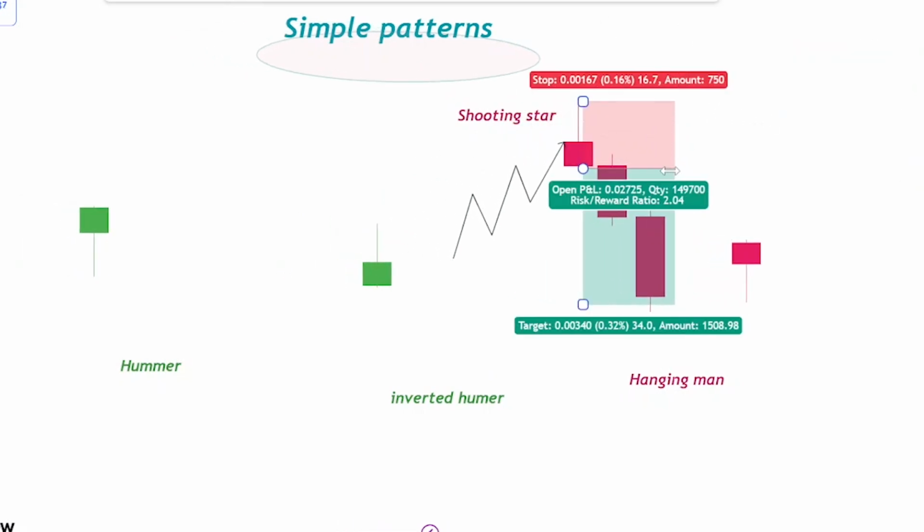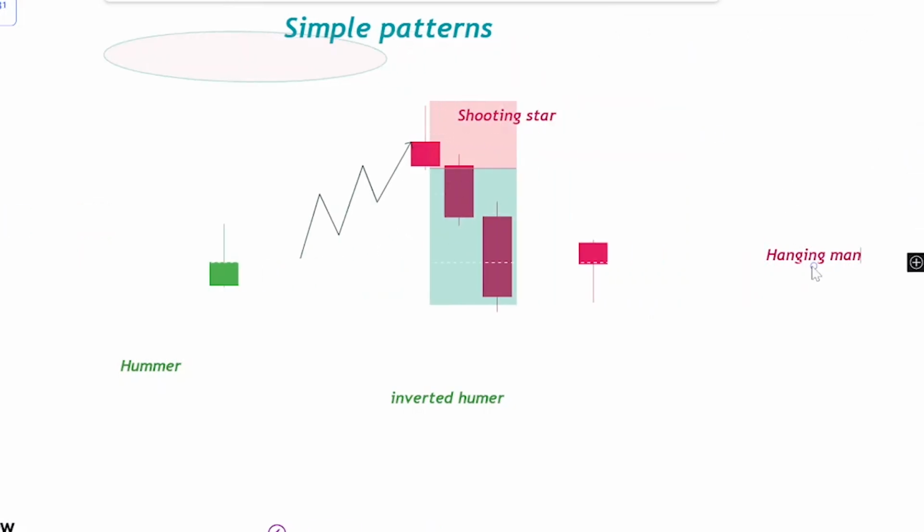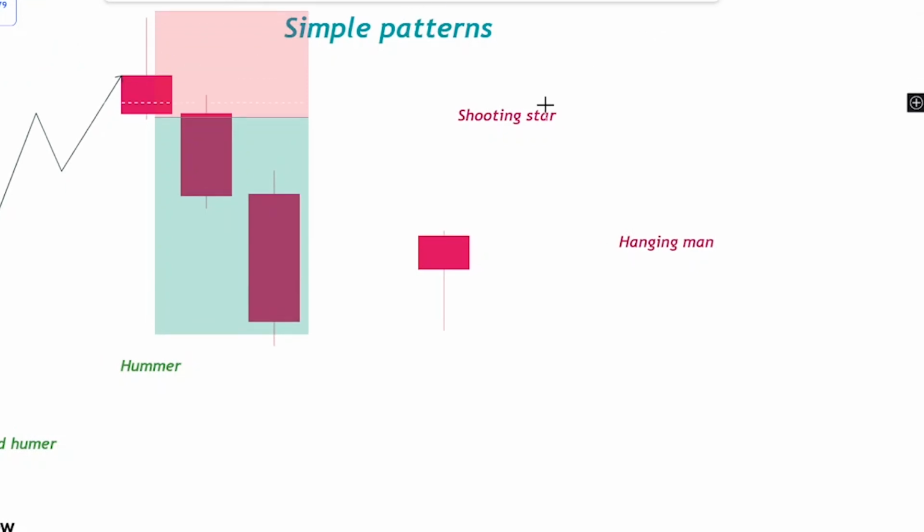This is also a signal that we are expecting the market to move in the downside, in the bearish direction. Okay, from here, the market also will be moving up. Let's say we are moving up.